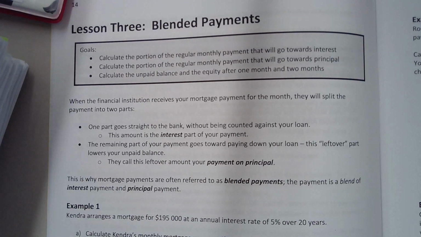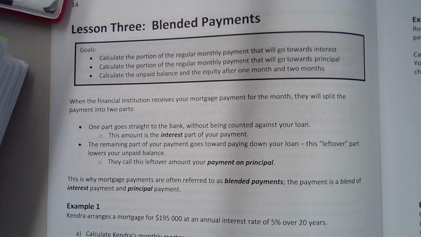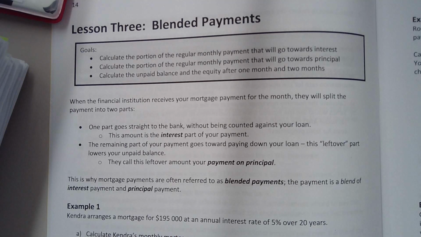So let's read about our goals, what we wanted to accomplish today. Our goal is to calculate the portion of a regular monthly payment that goes towards the interest, and the portion that goes to the principal. Because when we look at our monthly payment, not all of that amount goes to the loan.